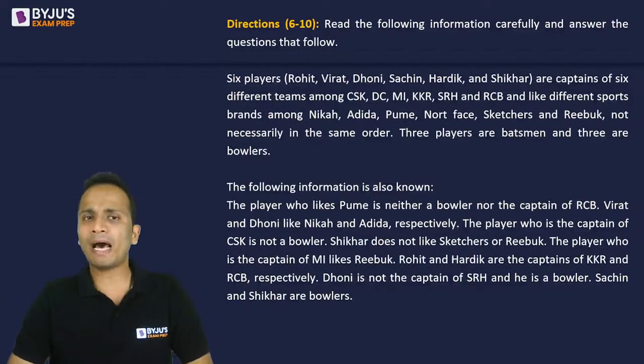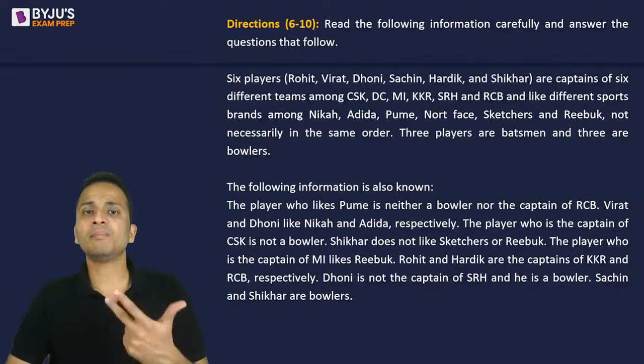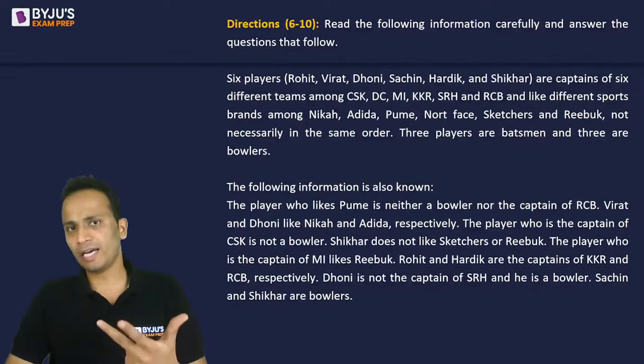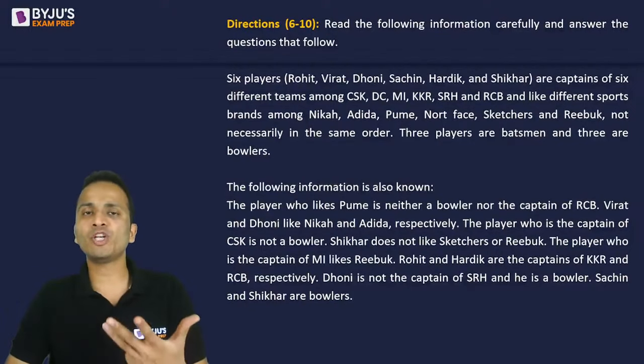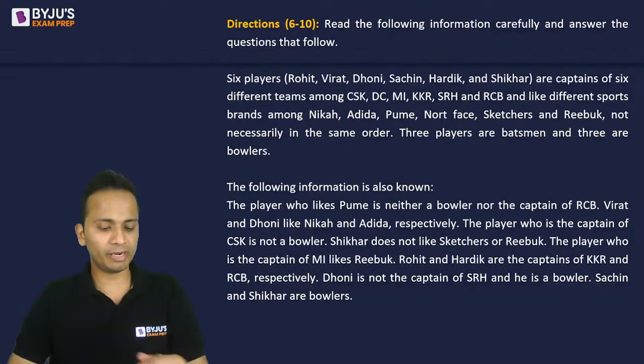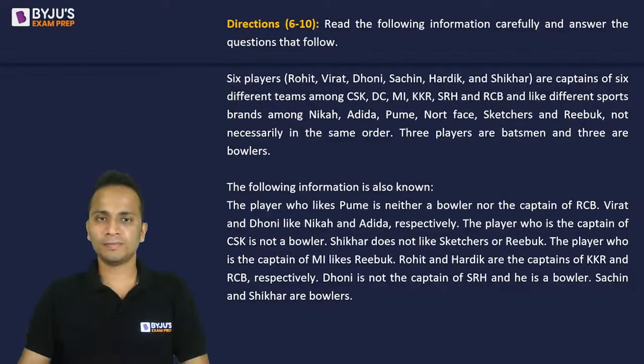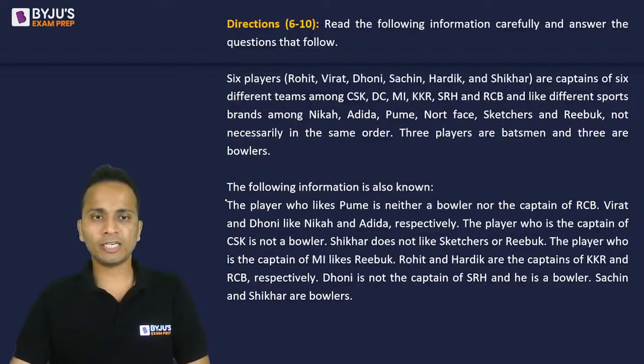So you have 4 parameters, the names of these people, the teams that they captain, the brands that they like, and if they are a batsman or a bowler. Now, based on the directions that are given in the second paragraph, you will have to arrange these.